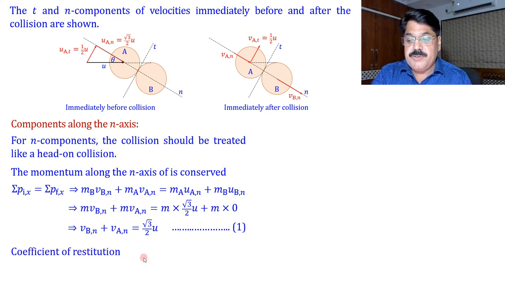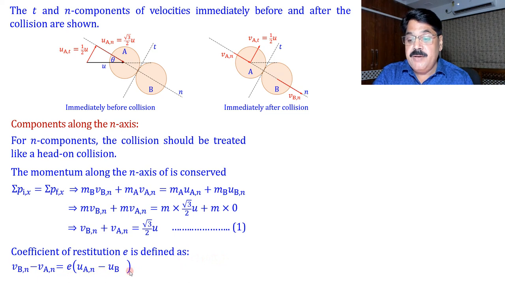The coefficient of restitution e is defined as vbn minus van is equal to e times uan minus ubn. Now substituting values, what do we get? vbn minus van is equal to root 3 by 4 u. Why? e was 0.5 and uan was root 3 by 2. So 1 by 2 into root 3 by 2 u, root 3 by 4 u, and ubn was 0.